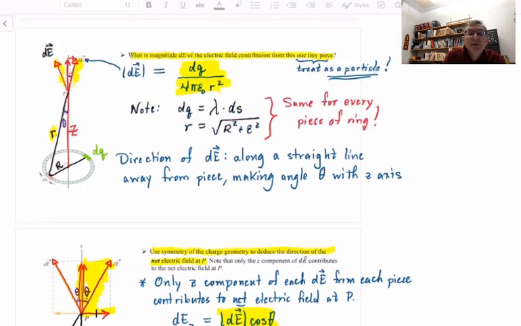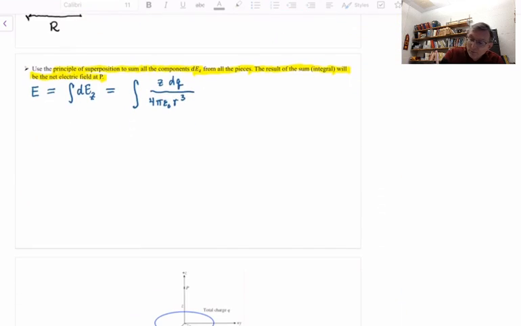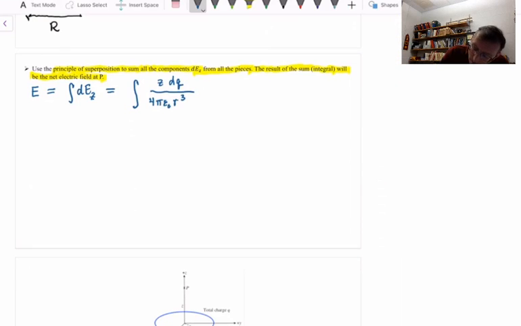It's the charge per unit length lambda times the little arc length ds, and that's the same for every piece, because every piece has the same lambda, and it's the same length. We're making all these little pieces identical. So this is z times lambda times the length ds of any one of the pieces over 4 pi epsilon 0.